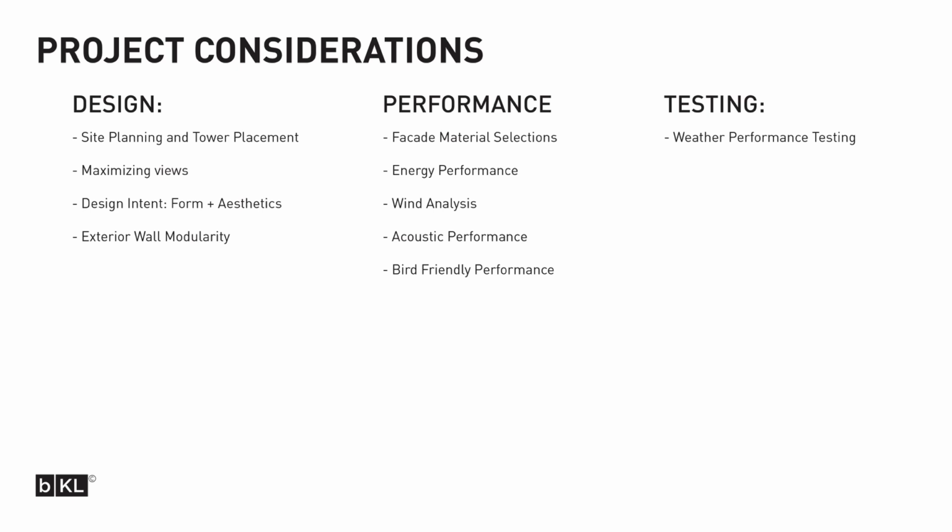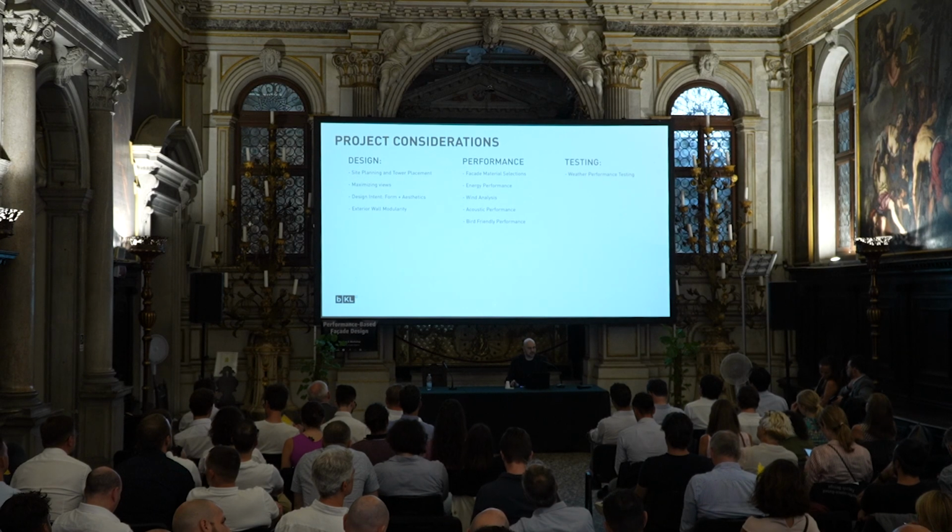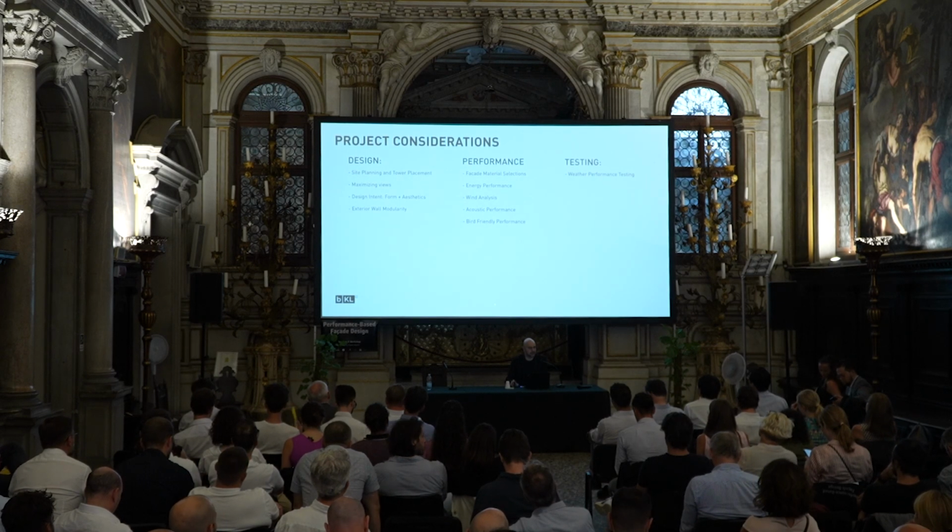For the design, we'll touch upon the site planning, tower placement, views, form and aesthetic, and the layout of the exterior wall. Performance-wise, we'll go over the facade material selections and considerations, energy performance, wind and acoustic analysis, and bird-friendly design strategies. And then at the end, the weather performance testing.